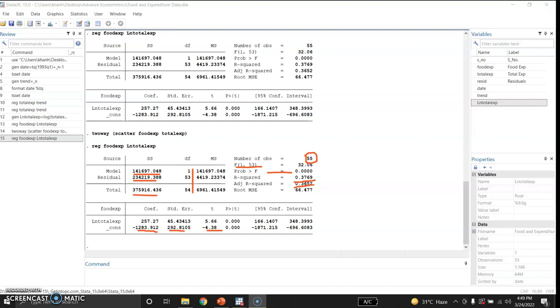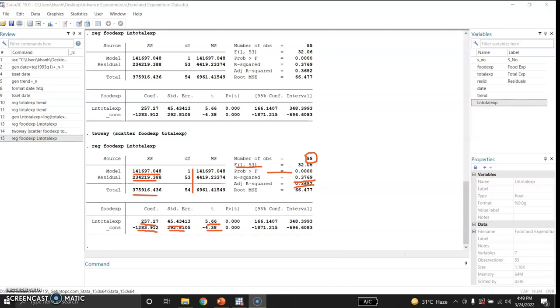This is the coefficient of the natural log of total expenditure, and this is its standard error, and this is the t statistic for the natural log of total expenditure. These are the p values. So these p values show that these two coefficients are highly significant.